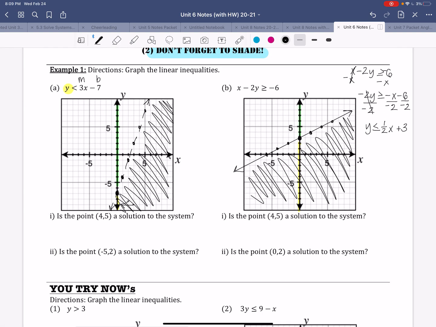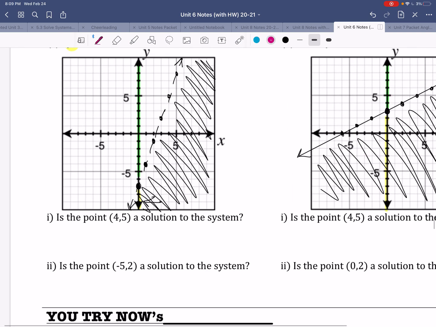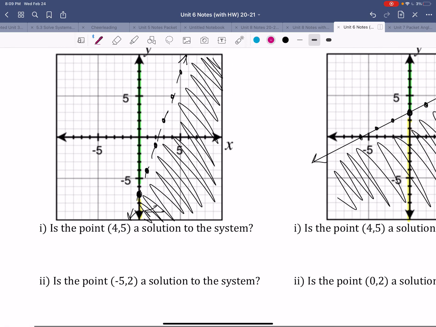Okay, now we have a couple questions going along with these. So my first question for part A is the point 4, 5 a solution to the system? So if I plot 4, 5, I'm going to go to 4 on my x-axis and 5 on the y. So if I plot that point, that is a point on the line. Okay, so 4, 5 is on the line.